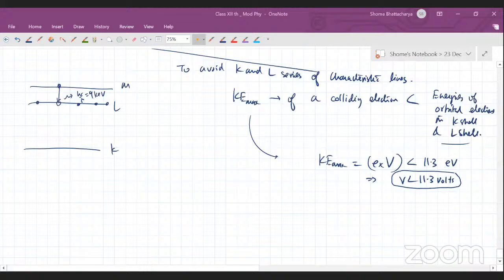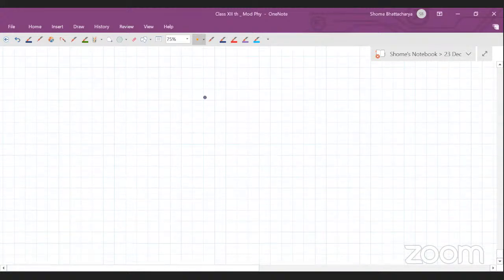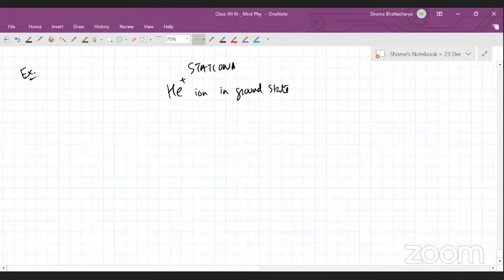Yeah, now this is an interesting question. Let me explain it to all of you. It says that a neutron collides with a stationary helium atom which is at ground state. So we have an He plus ion in ground state, which is stationary, and this is collided by a neutron.